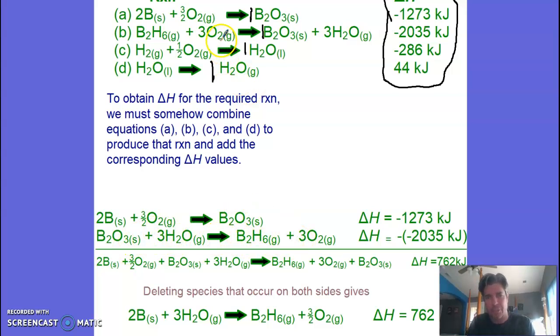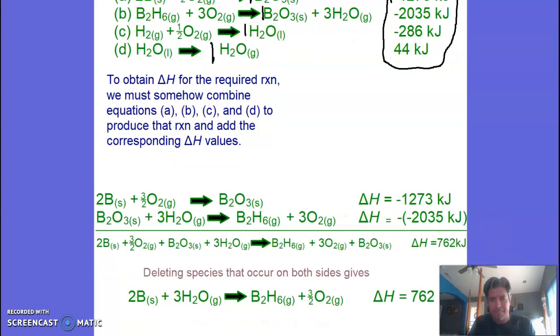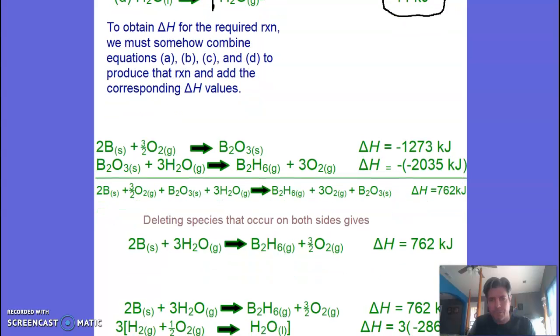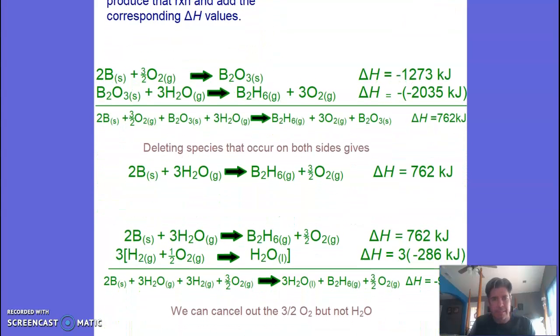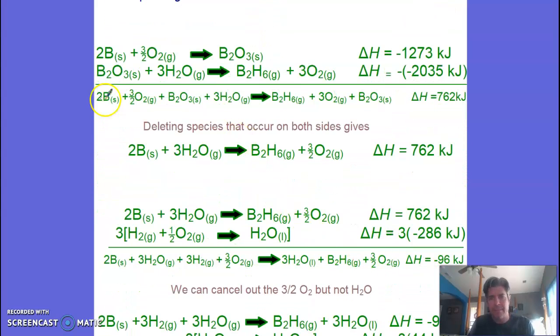So it's the exact same reaction, just flipped. If you notice now, you still have 3 moles of O2 on this side, because there's 2 of them. So when you add these together, you can cancel.